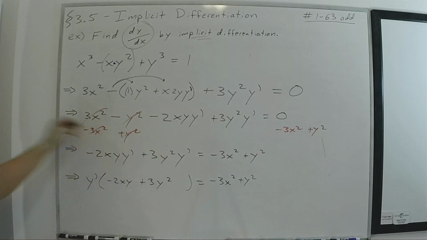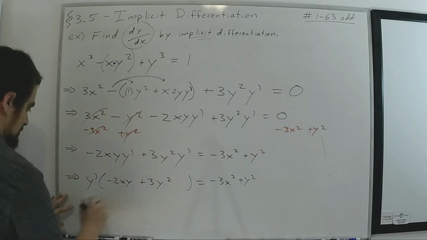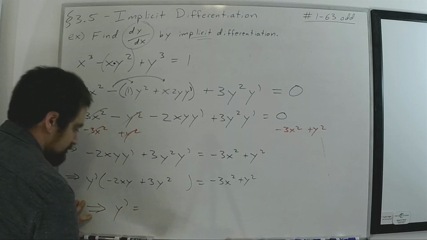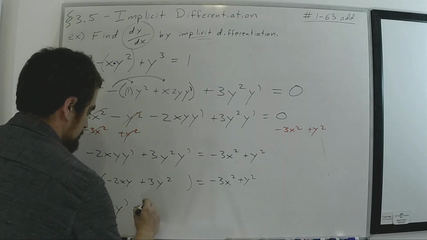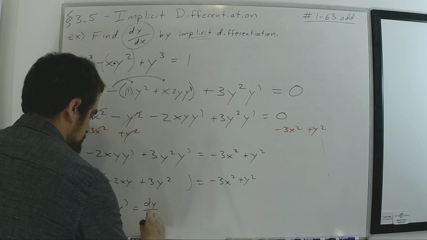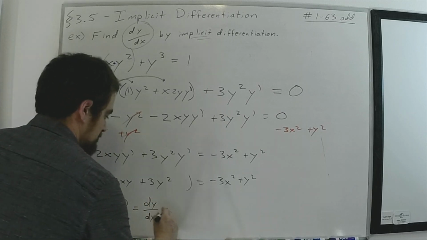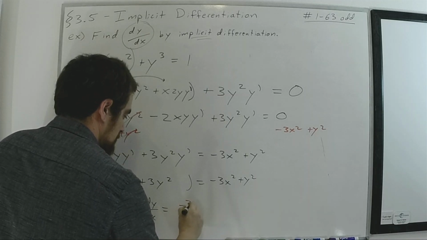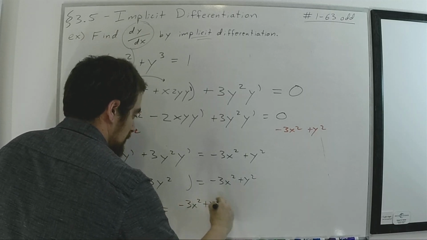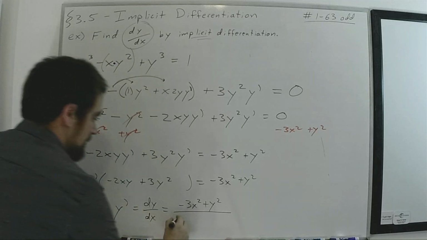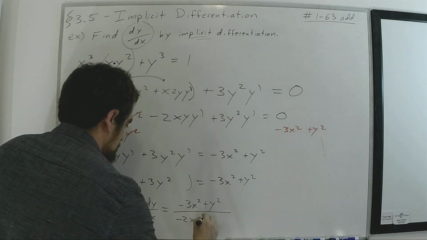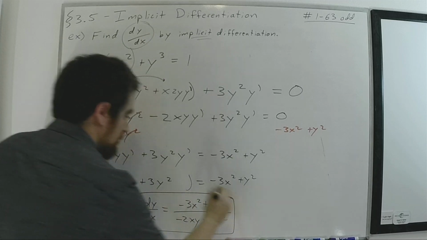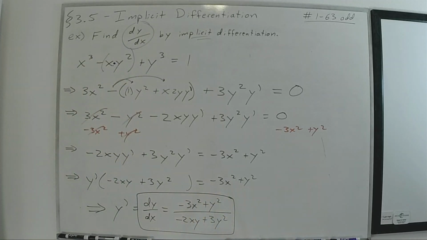I factored it out of both terms. Now I can divide out and simply say that y prime, which for us is dy dx, we can even write it if we really want to, must be exactly negative 3x squared plus y squared divided by negative 2xy plus 3y squared. So there is our derivative.